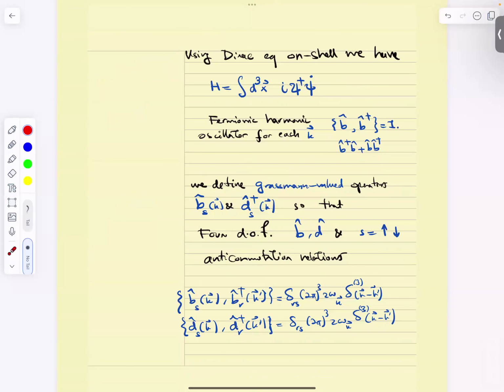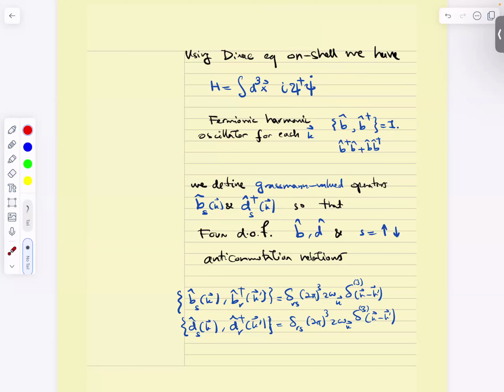The Hamiltonian on shell could be written as psi dagger psi dot. That's what the Hamiltonian is. So we're going to introduce these fermionic oscillators. These are Grassmann-valued operators, of course, because if you remember from the Lorentz representation theory of Dirac matrices, you had a pair of creation and annihilation operators for two modes. Each of them had two dimensions, right?